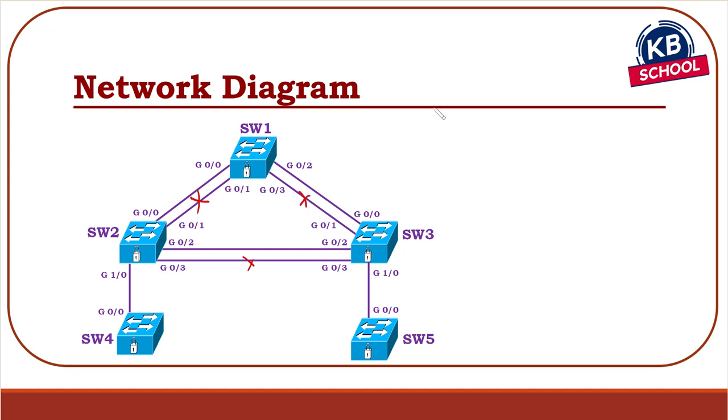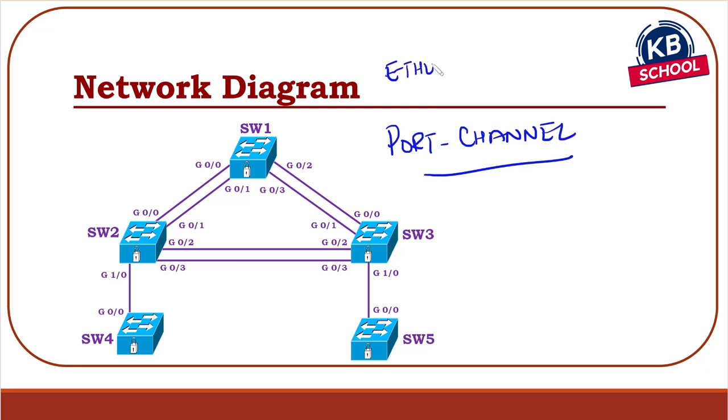And that's where the concept of ether channels comes in, which is also known as port channels. The same thing, whether you use the terminology of port channel or ether channel. It is basically the same thing. In the Cisco world, the port channel is called an ether channel, but in the open standard world, it's called a port channel.